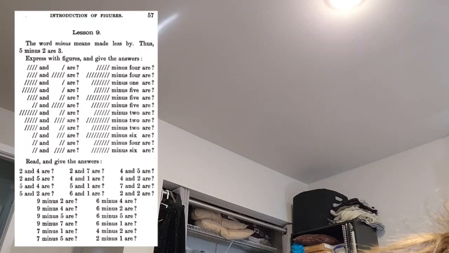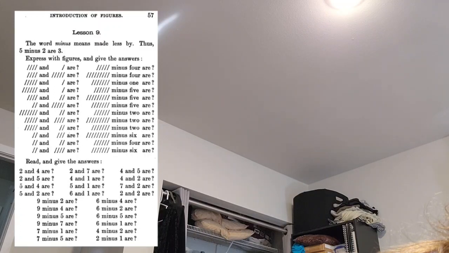And then 1, 2, 3, 4, 5, 6, 7 minus 1 is 6. 6 minus 5 are 1. Oh my gosh. 2, 5, 6, 7, 8, 9. 9 minus 5 are 4.